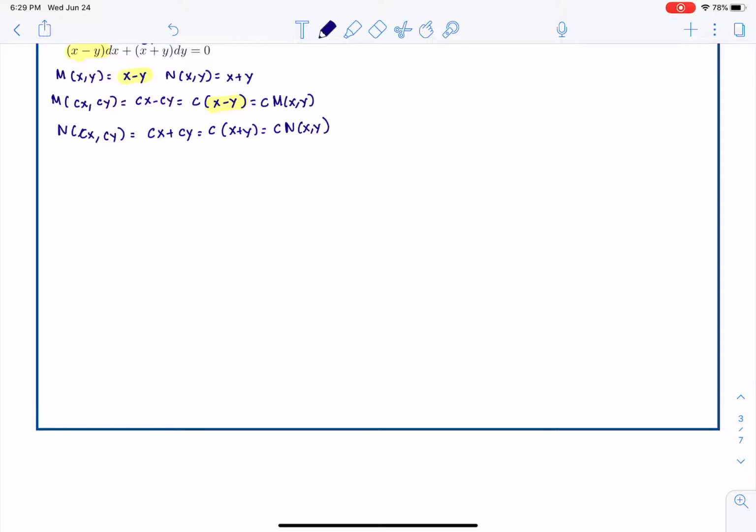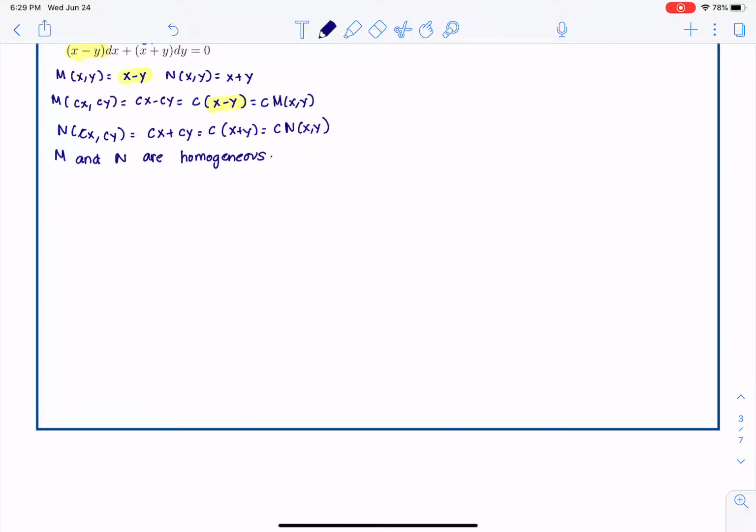So both M and N are homogeneous. So we have a homogeneous differential equation. So it really doesn't matter which substitution we use.